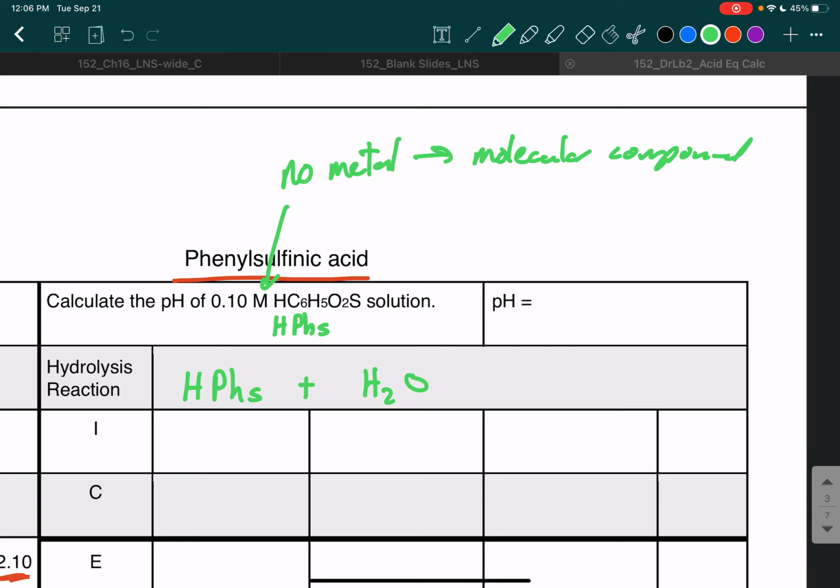Once it loses that one proton, the conjugate base has a single negative charge. So the charge the conjugate base takes on is based on the number of protons that are lost. All these examples will just be one.